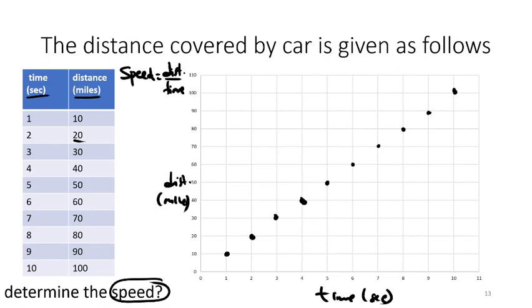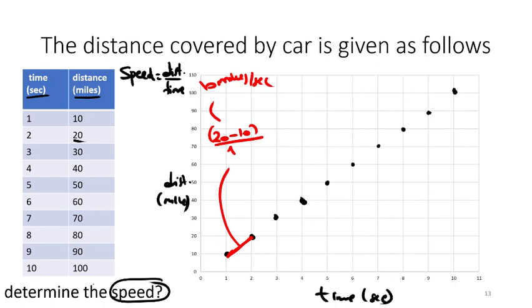If you try to calculate the velocity, you can calculate it for each section. For example, for this section, the velocity will be 20 minus 10, the distance, divided by the time, 1 second. So it is 10 miles per second.